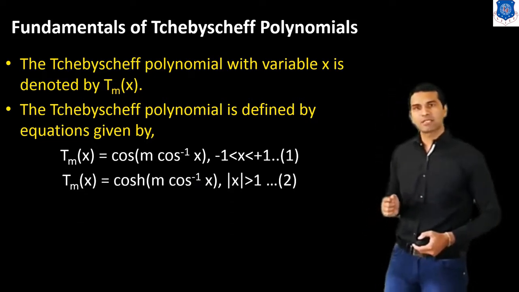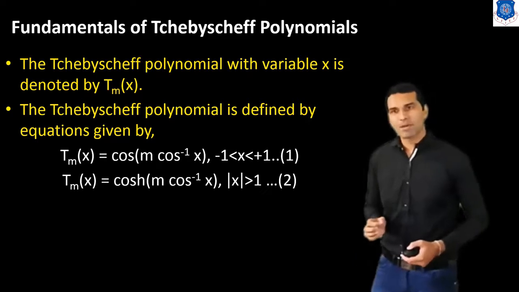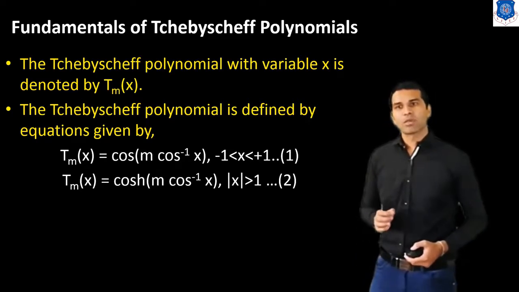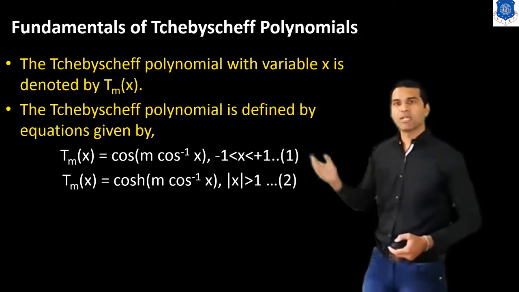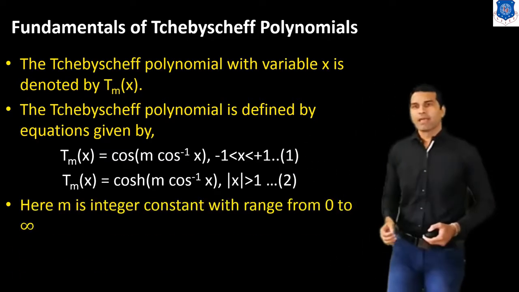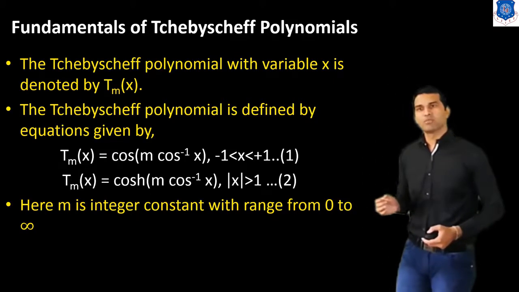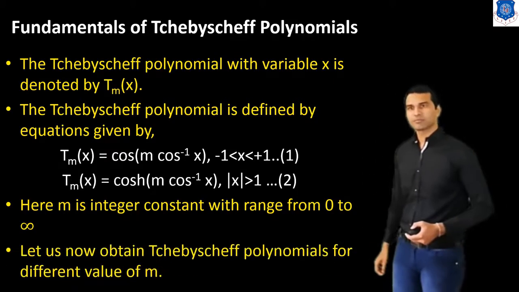And for x greater than 1, we write Tm(x) equals cosh(m cosh inverse x). We label these equations 1 and 2. Here m is an integer constant ranging from 0 to infinity.